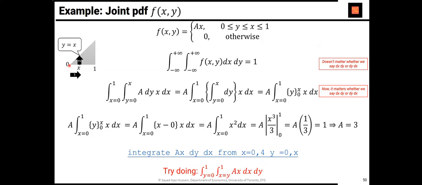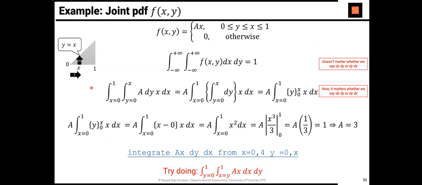So I'm going to sum up across the x's, which go from 0 to 1. For any given value of x, I then have to sum across the values of y, and y goes from 0 to x.